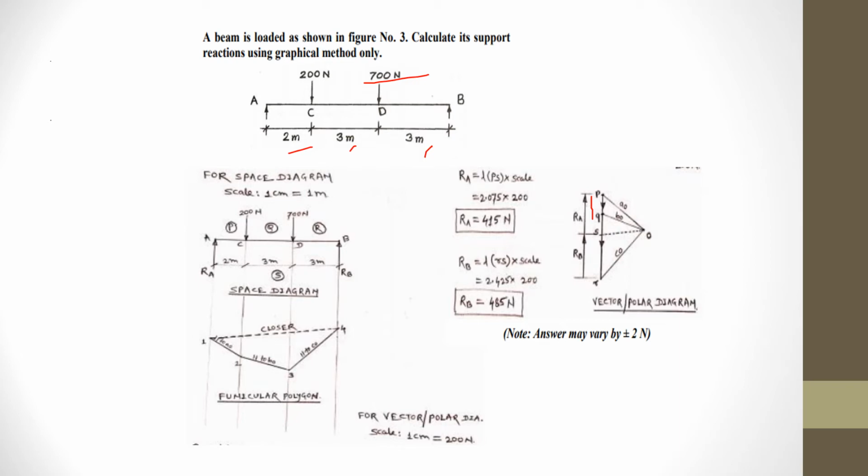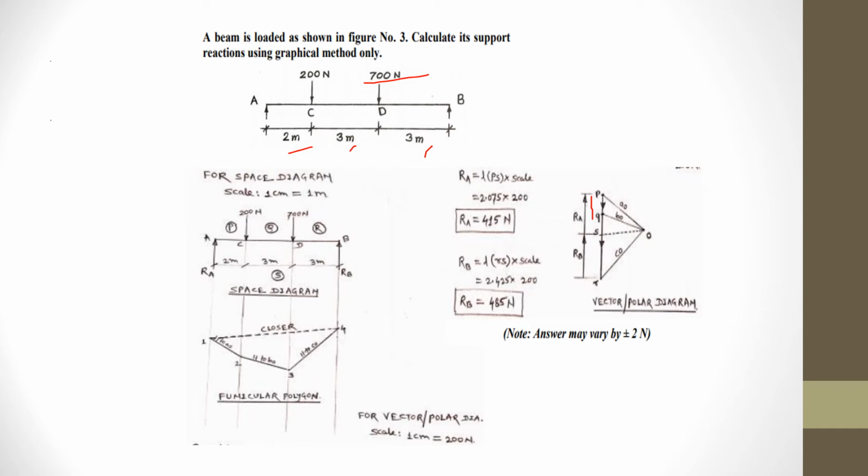Then distance between Q and R is 700 Newton, that is we have to take 200 Newton as 1 centimeter. So 700 Newton as 3.5 centimeter. Yes, 3.5 centimeter, correct. Then point S we will take later.